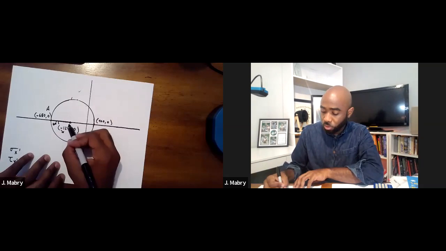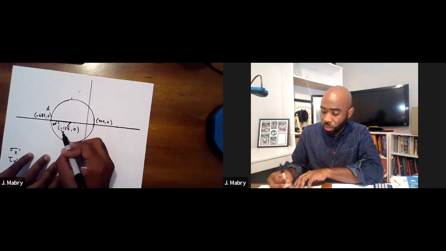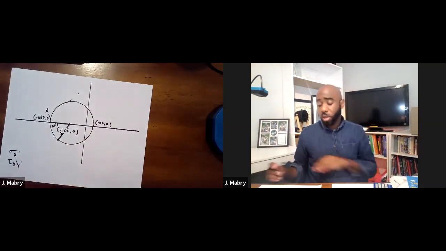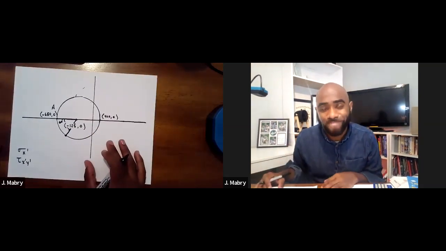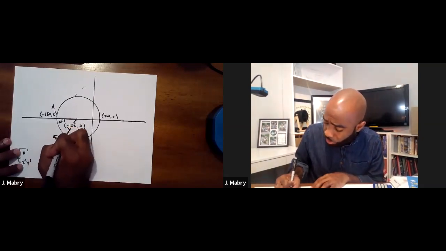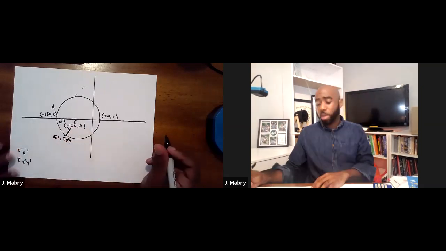This is 60 degrees, such that now the line is going to take us to the point which, guess what, happens to be our principal stresses of sigma sub x prime and tau sub x prime y prime.